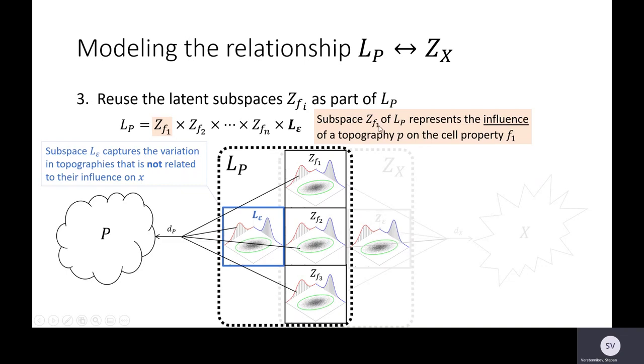Now the subspace ZF1 represents the influence of topography P on the cell property F1.